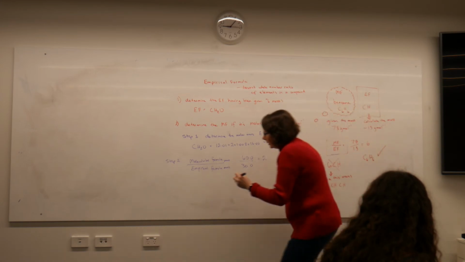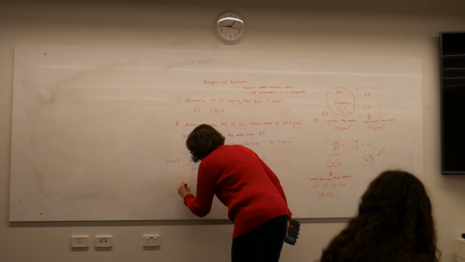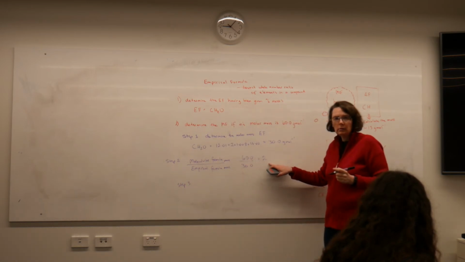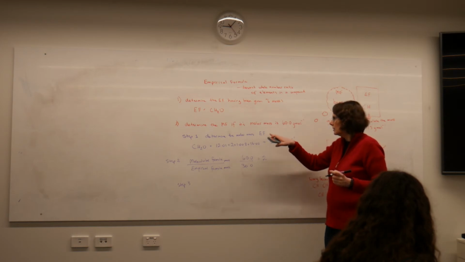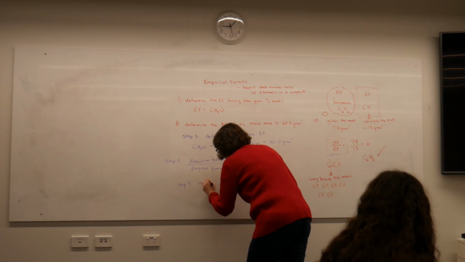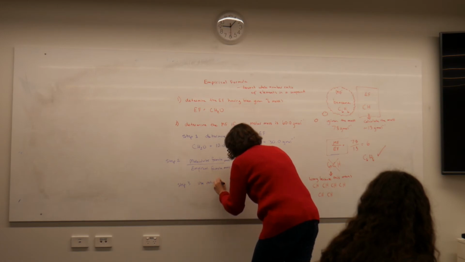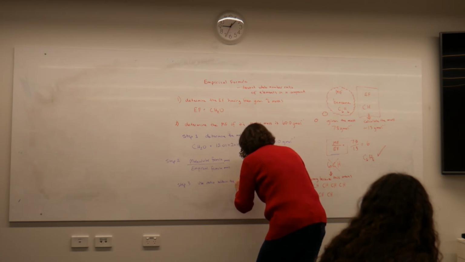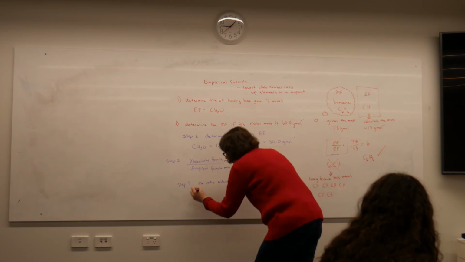And then step 3 is we're going to then use this ratio within the compound. So in this case, we need to multiply everything by 2.